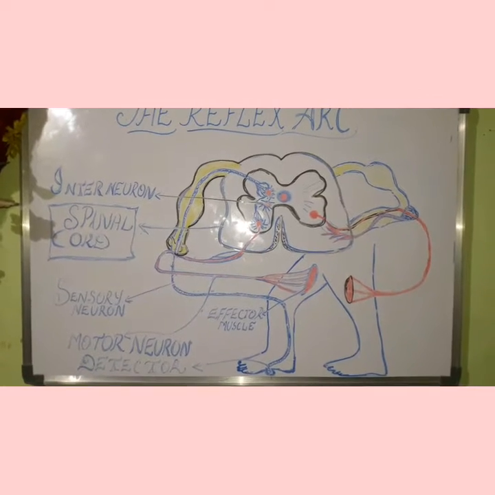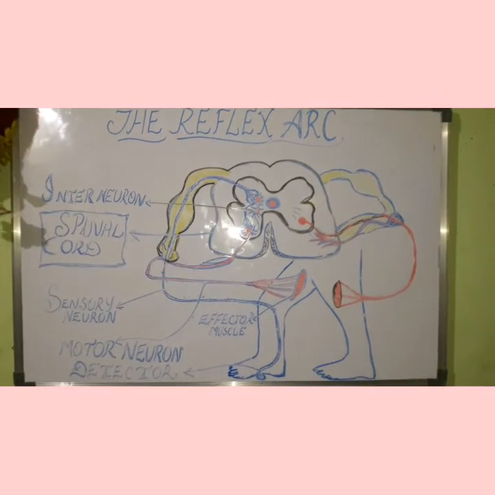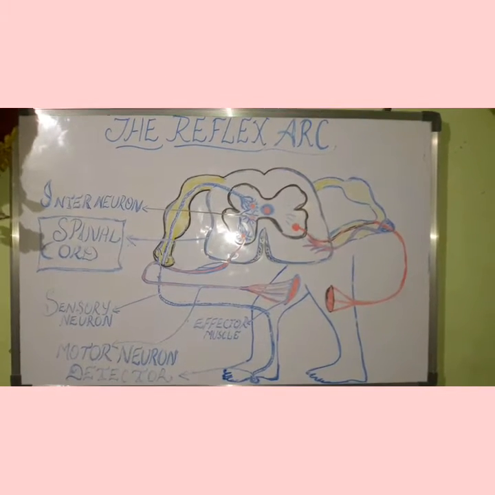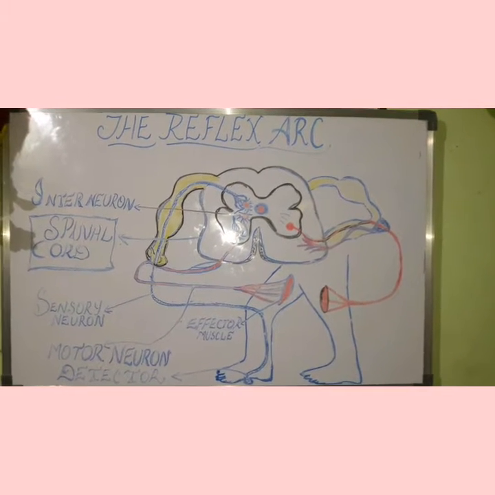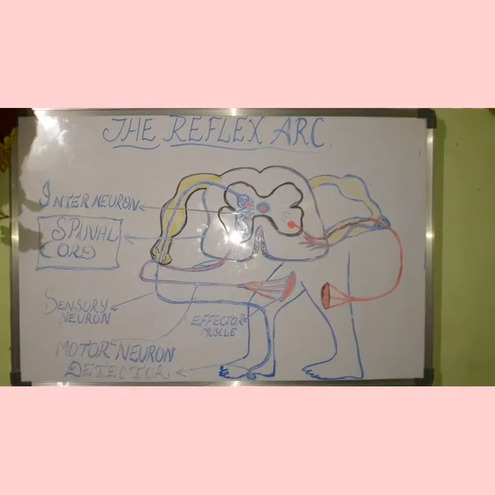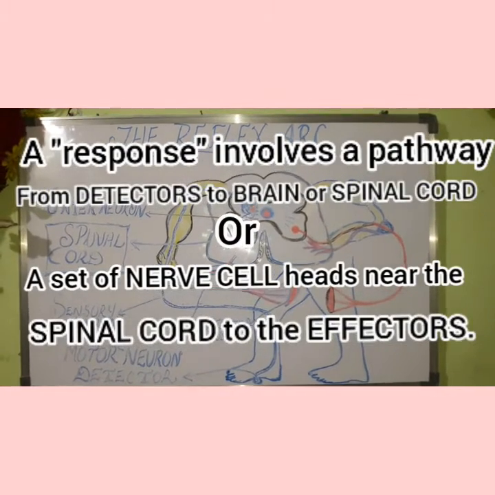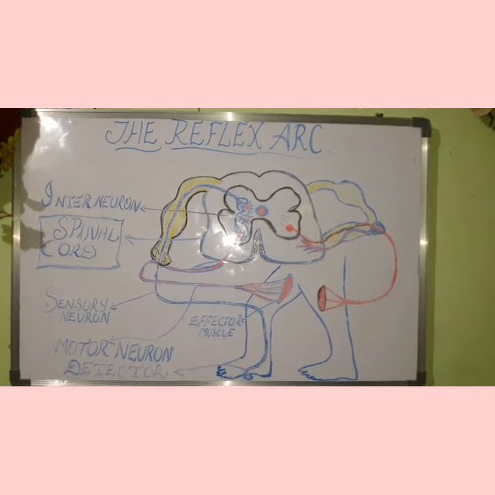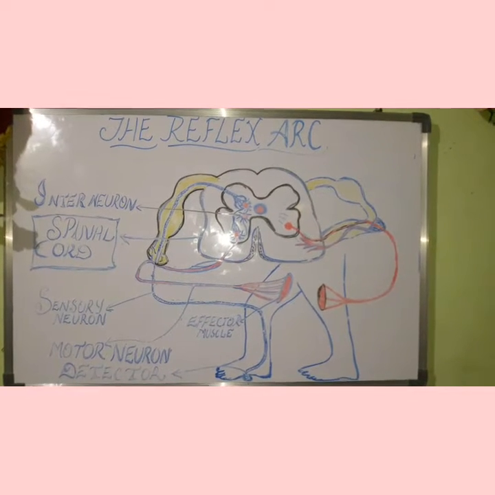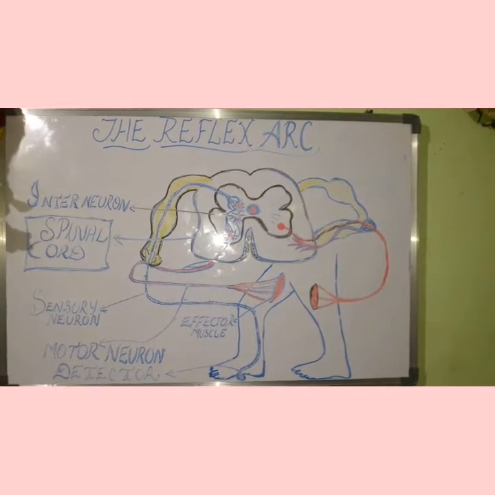Picking up information of a stimulus to generate a response involves a pathway from detectors to the brain or spinal cord, or a set of nerve cells near the spinal cord, to the effectors.